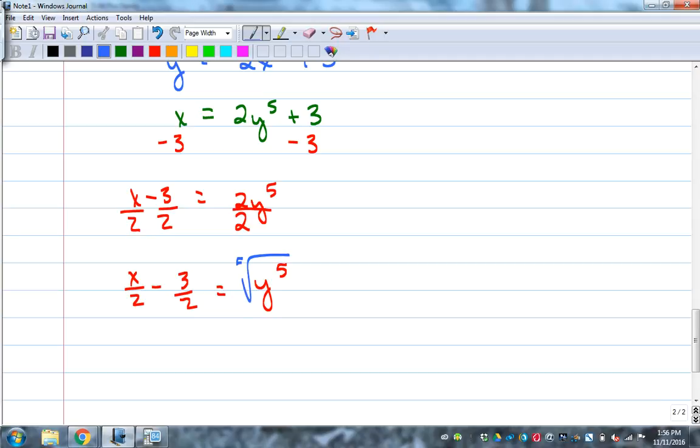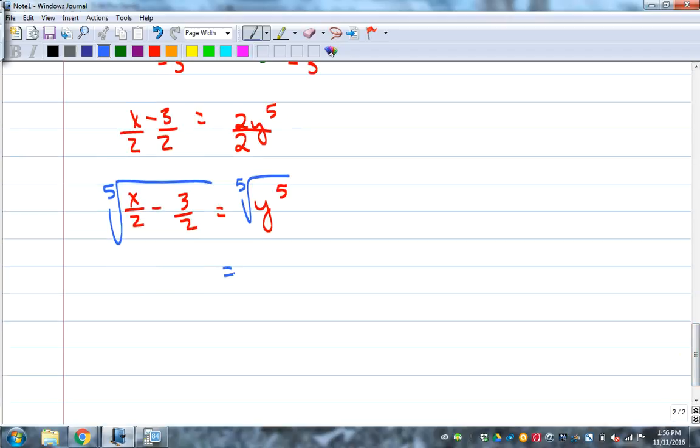Take the 5th root. Do I need the plus or minus in front of this? Why not? Because it's not even. Only time you need the plus or minus is when it's an even root. So there's y, and then this is 5th root of x over 2 or 1/2 x minus 3 over 2.